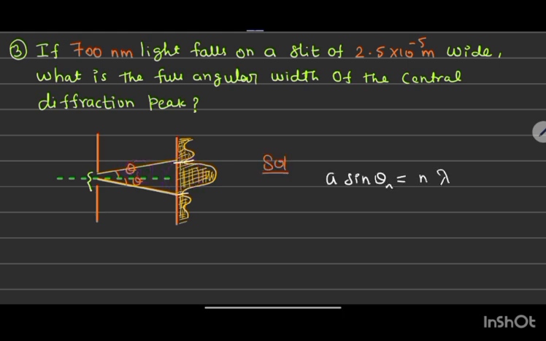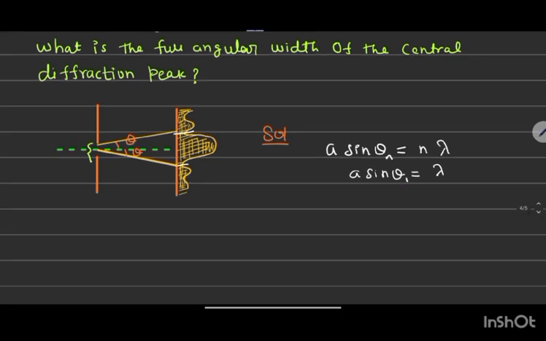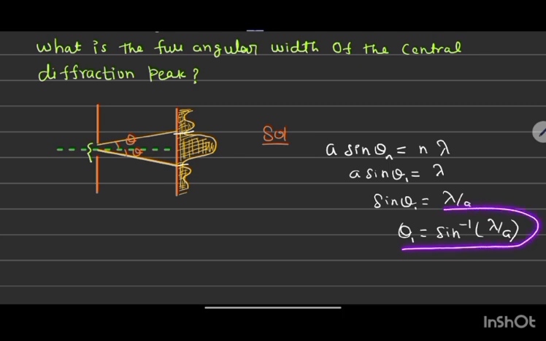And we know in diffraction the minima are governed by this equation, and substituting here n equal to 1, we get this equation, and rearranging this we get theta 1 as sine inverse of lambda by a.